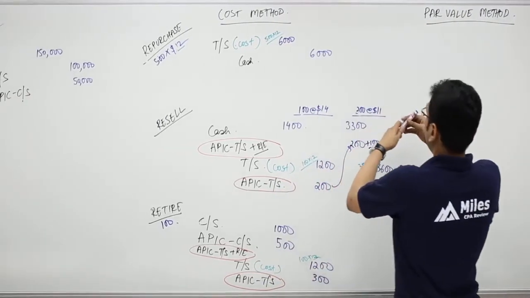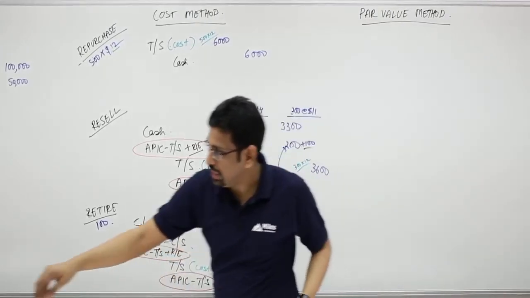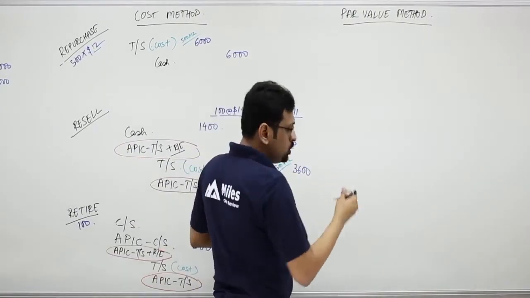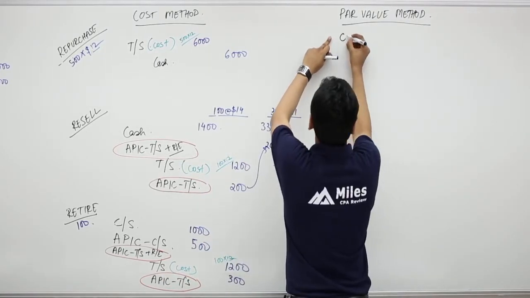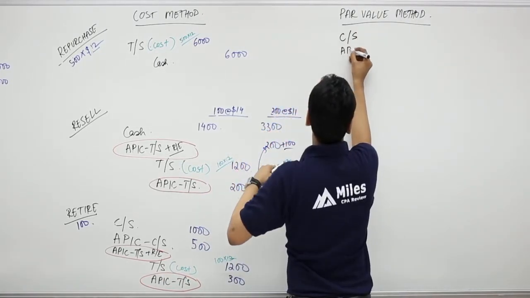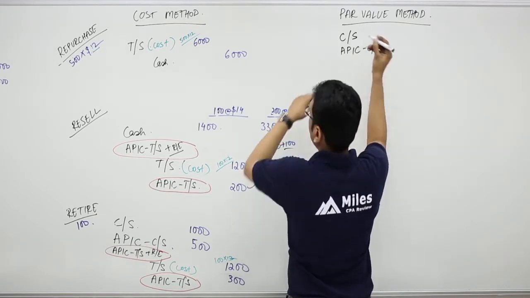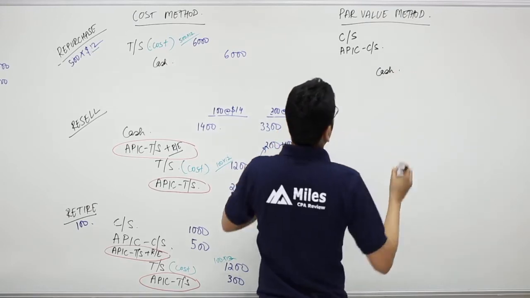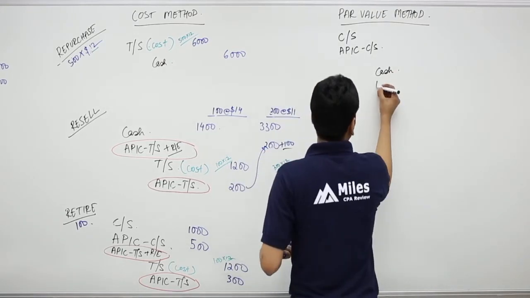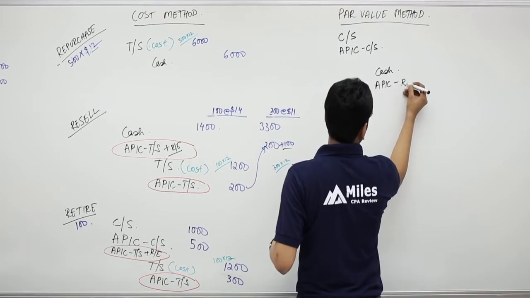So when we repurchased and immediately retired, you would have debited common stock, APIC common stock, and then you had cash going out. If you had a gain on retirement, that was APIC retired stock.